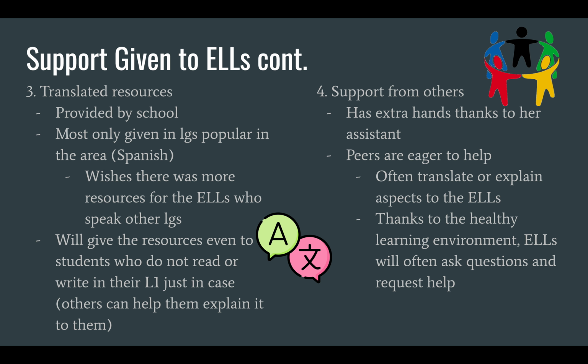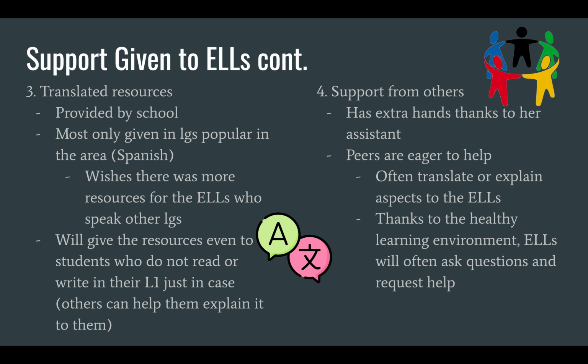And then the fourth support is the other people in the classroom. Her classroom is special education and mainstream students, like a hybrid class. So there is an assistant that helps any of the students who need more help. And also, thanks to the environment that she facilitates and maintains, the other students are very eager to help.